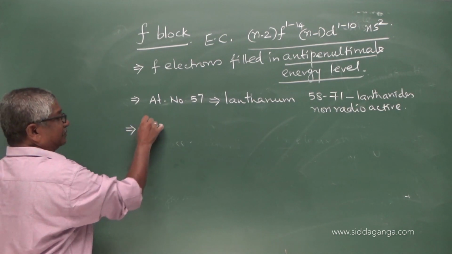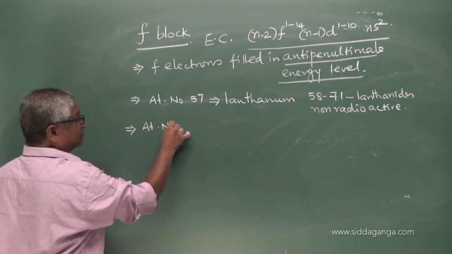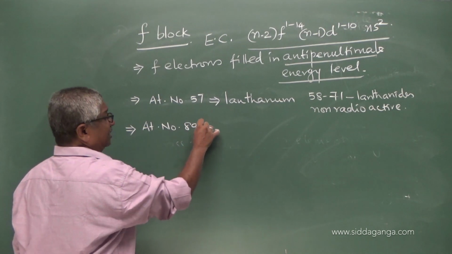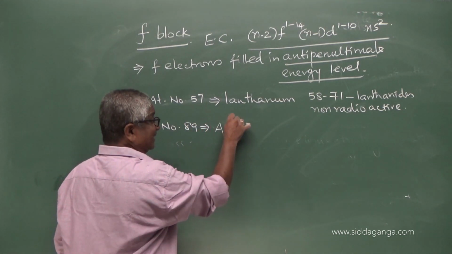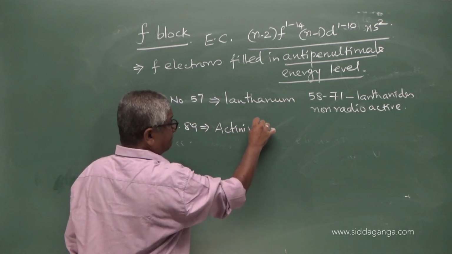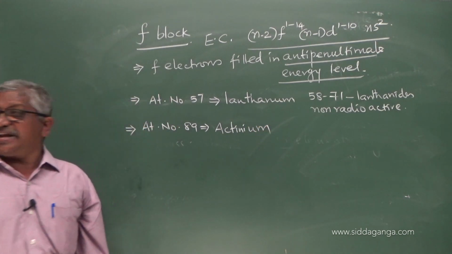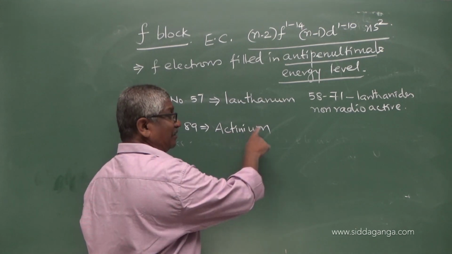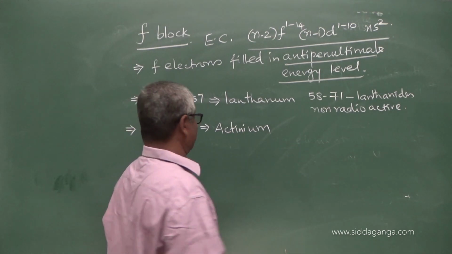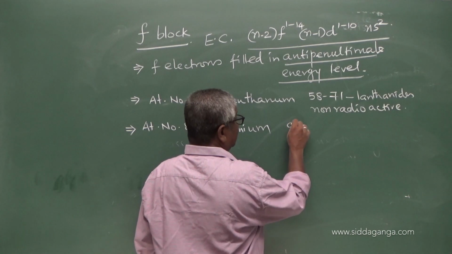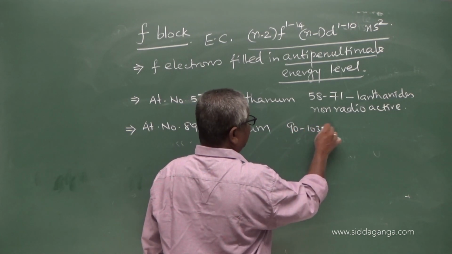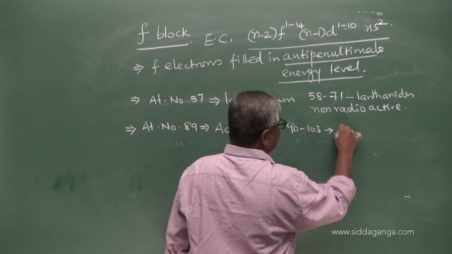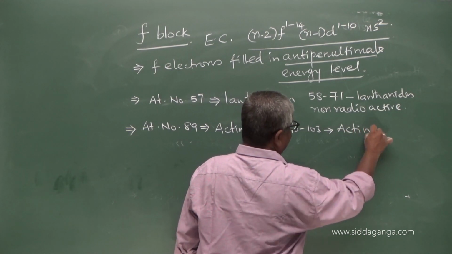Atomic number 89 is called actinium. The 14 elements following actinium, that means 90 to 103, are called actinides.